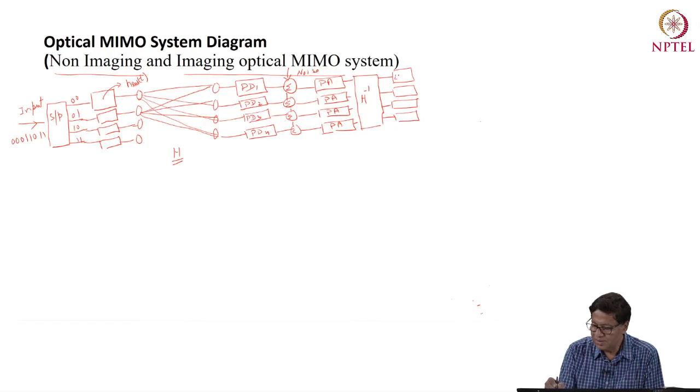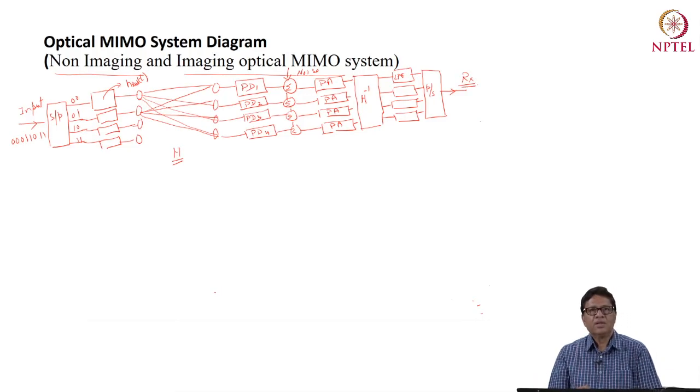This is low pass filtering, and then you get back your outputs, and then parallel to serial, and what you get is an estimated or recovered output, the RX. So for recovery, I need to know this channel matrix so that as a receiver, I can find H inverse and do the processing and recover my data.